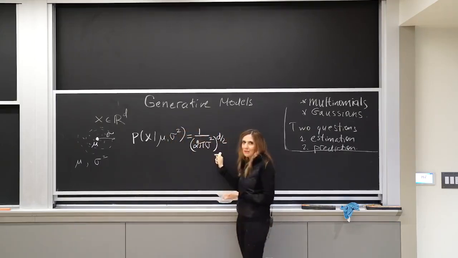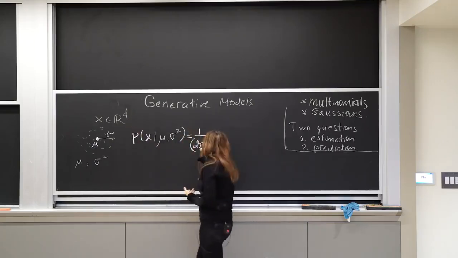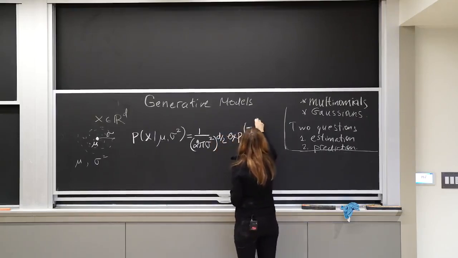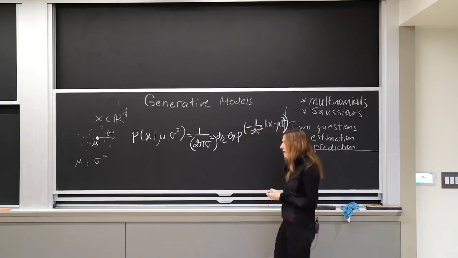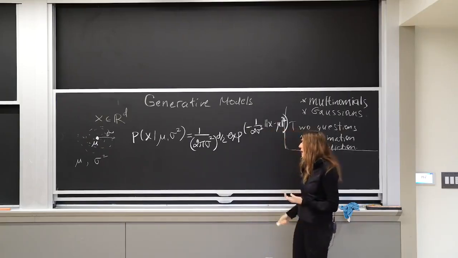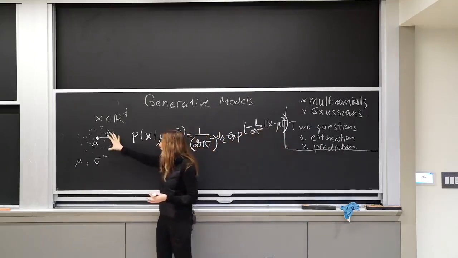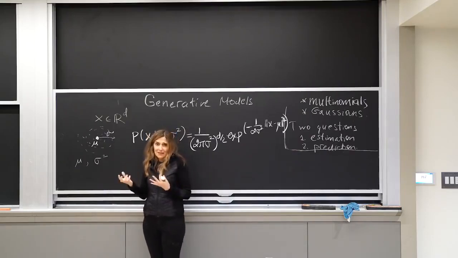So this is just a normalization constant, and you can see d is the dimension. And then here we have exponent of minus 1 divided by 2 sigma square times x minus mu squared. Okay? This is the likelihood of a particular point being generated by the Gaussian, and you can see that if we select different mu's and different sigmas, the same point may get different likelihoods.